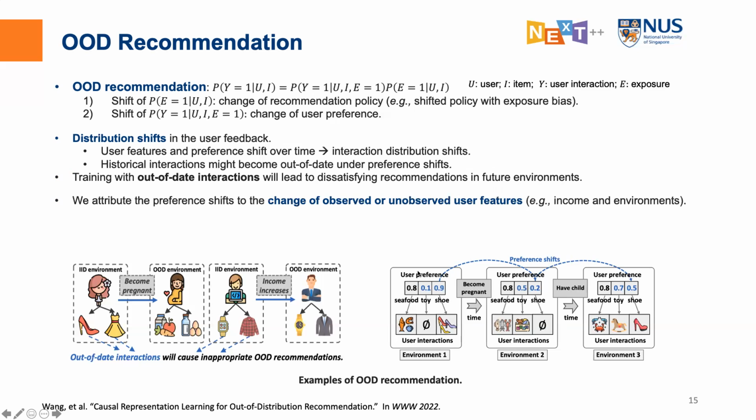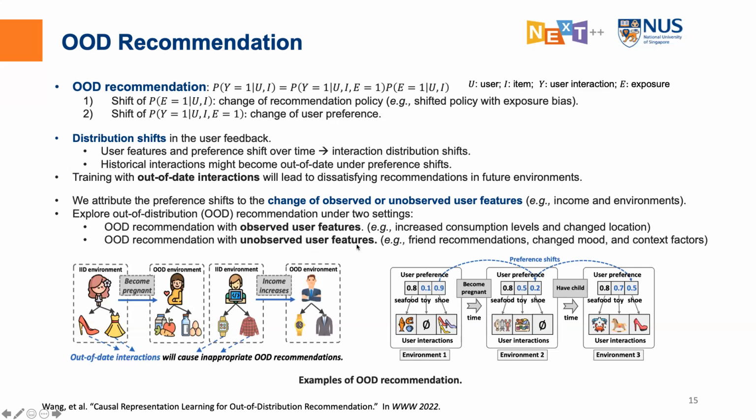We attribute the preference shift to the change of observed or unobserved user features. If the user income is increasing, the user may like more expensive items. These can be observed features, like age or consumption level. There are also unobserved user features.